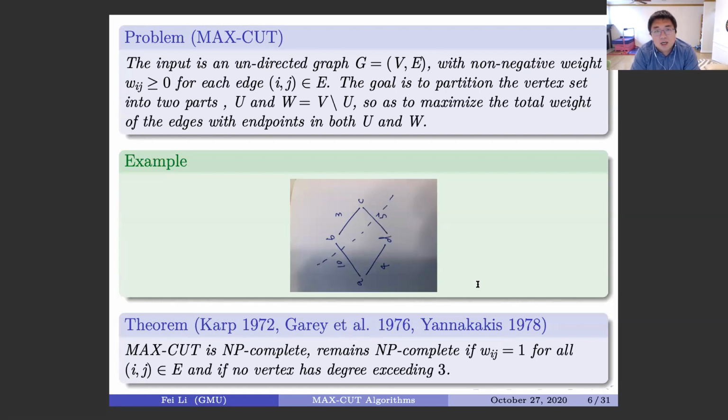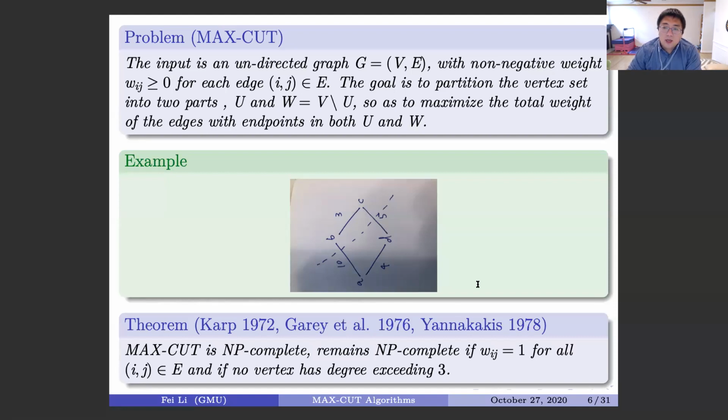The input is an undirected graph with non-negative weights on each edge. The goal is to partition the vertex set into two parts, U and W, and the objective is to maximize the total weight of the edges with their endpoints in these two different sets, U and W.